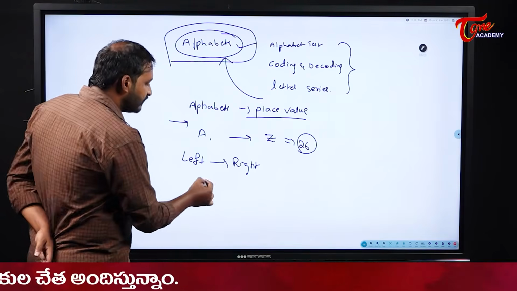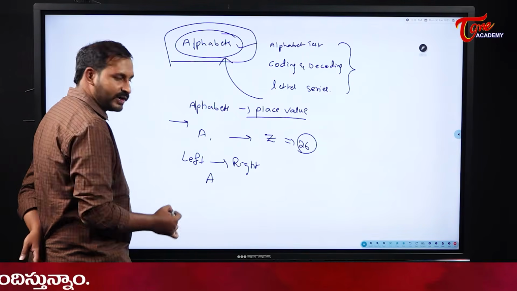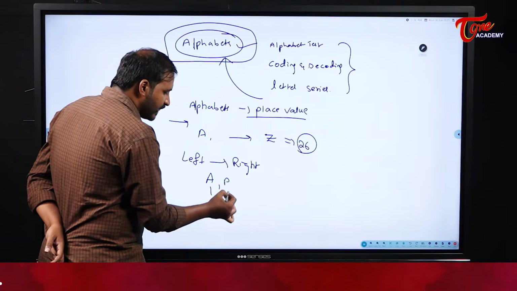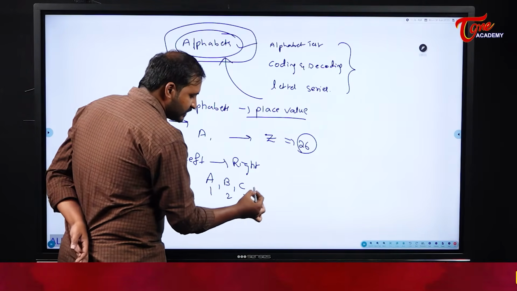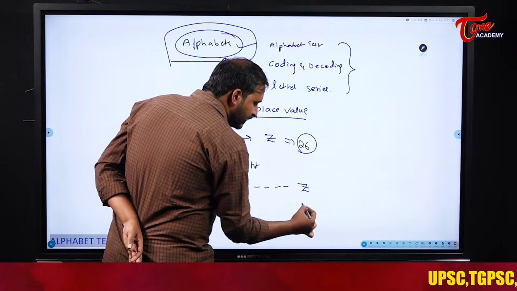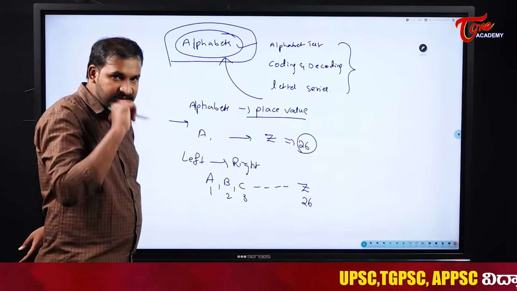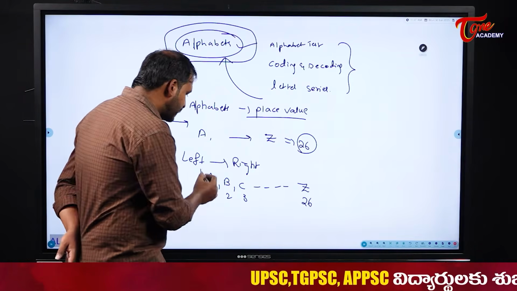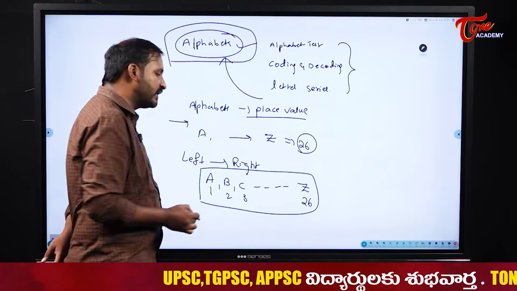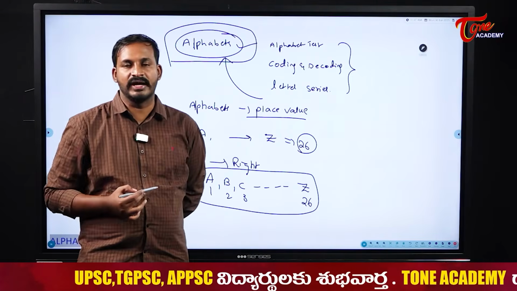That means I will give the place value for A as 1, B as 2, C as 3, and so on up to Z as 26. Based on this we will have different questions.